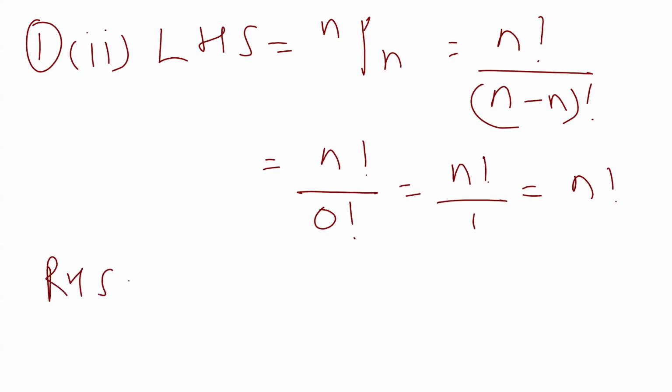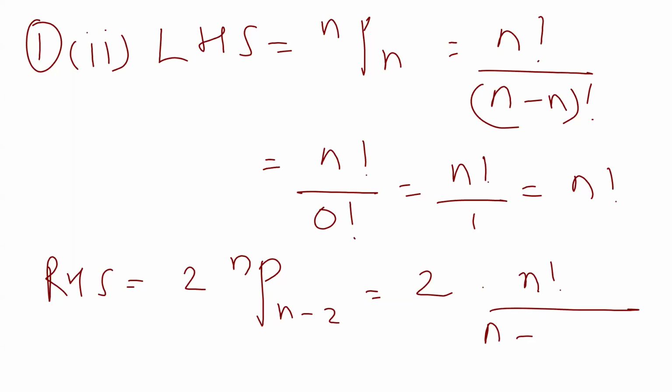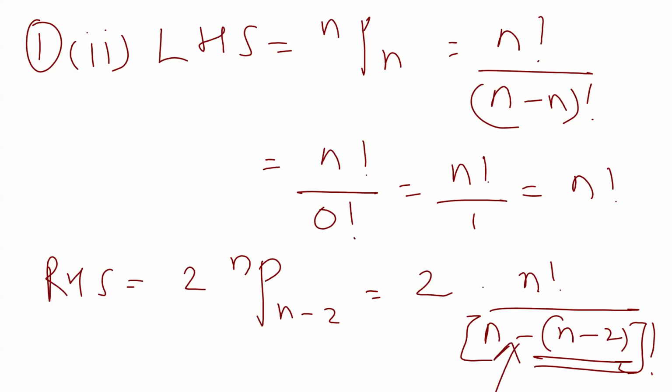Right hand side: 2 into nPn minus 2. So 2 into n factorial upon (n minus 2) factorial. So this round bracket is important, otherwise mistakes will occur. There is a minus sign, so a bracket.